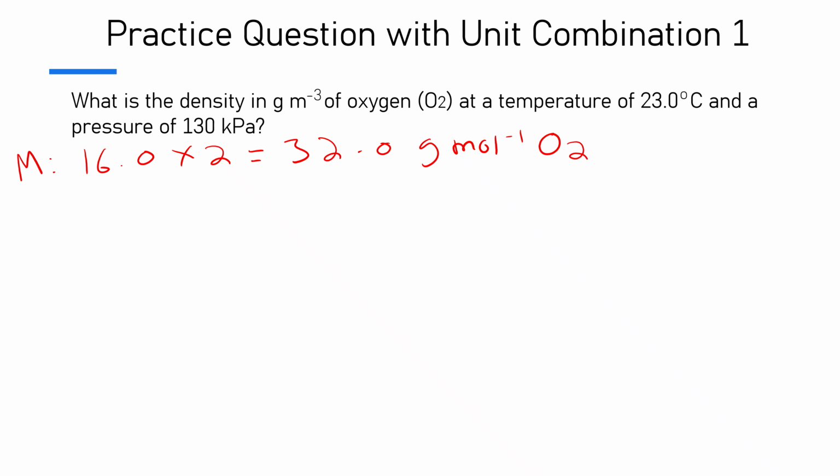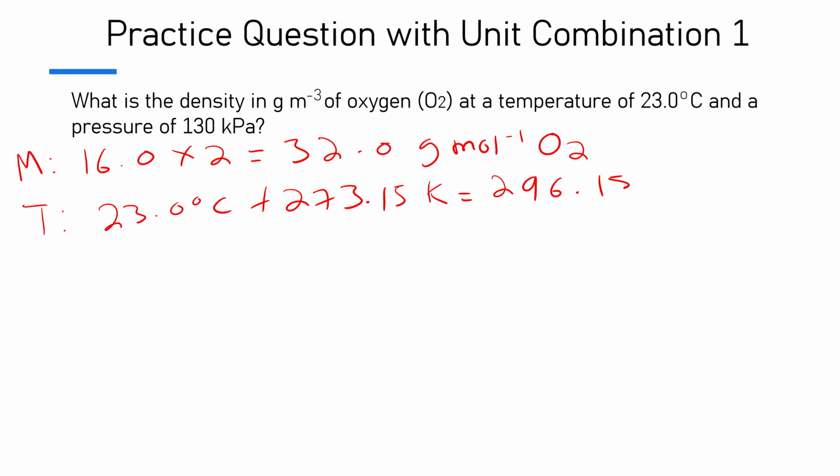So, for temperature, we take 23.0 degrees Celsius and add to it 273.15 Kelvin, and we get an answer for the temperature of the system of 296.15 Kelvin.